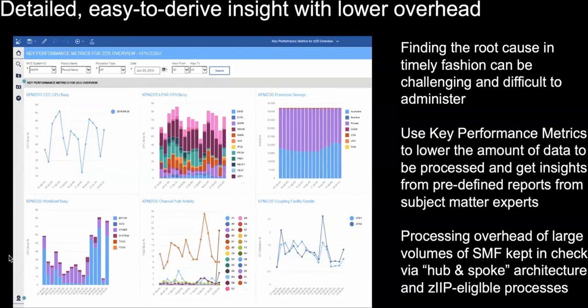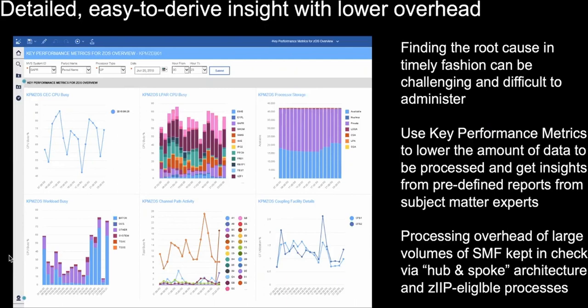One of the things that we recommend and focus on is looking at key performance metrics. Here we can look at a significant set of essential information that's been identified by subject matter experts as typically a good place to start and focus on. Really, this would be an out-of-the-box assessment of how the system is performing.